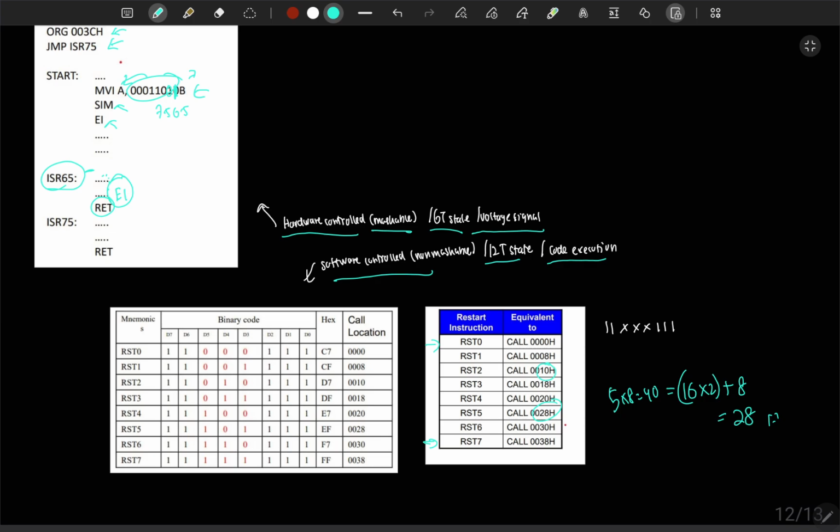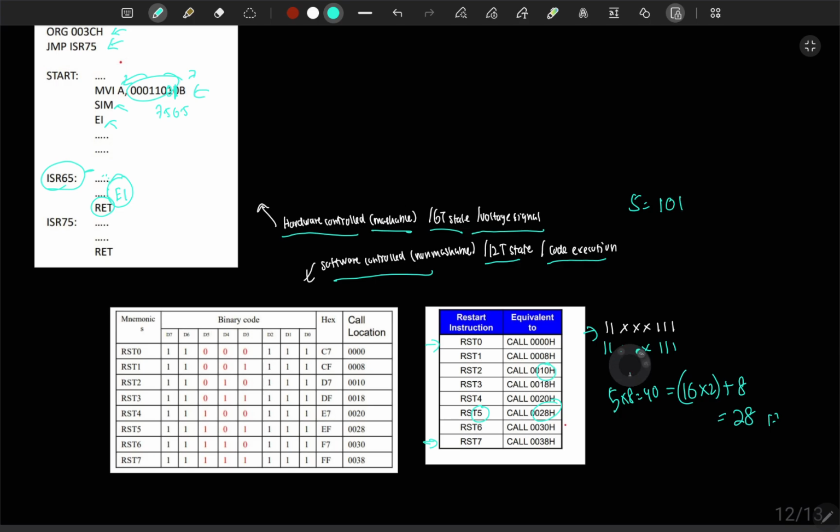We're going to do the same mathematical stuff, but with a binary code. Okay, so we need to enable it. Technically we don't need to enable it, but if you want to enable it, we need to use this binary code. This binary code translates to 1 1 x x x 1 1 1. So what does the x stand for? If we are trying to use 5, it is equivalent to 1 0 1 in binary.